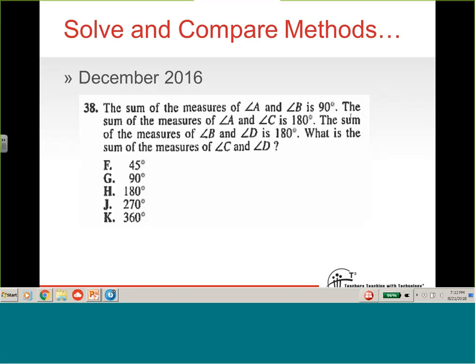So set up a system and used elimination. Second line, third line, subtract the first. So the difference between B and C was 90. Interesting.